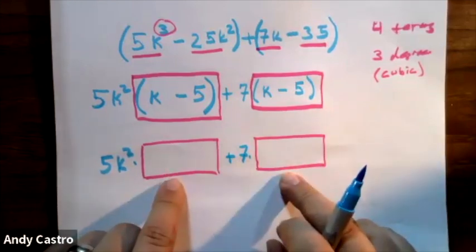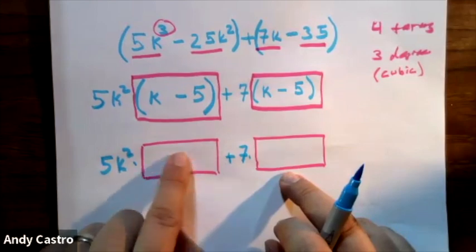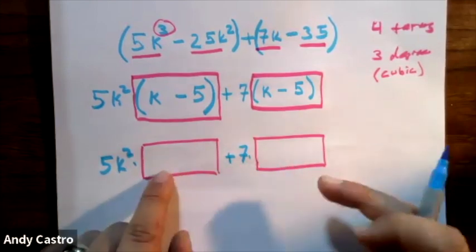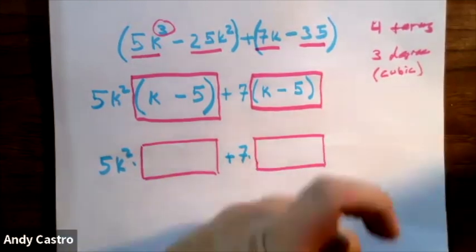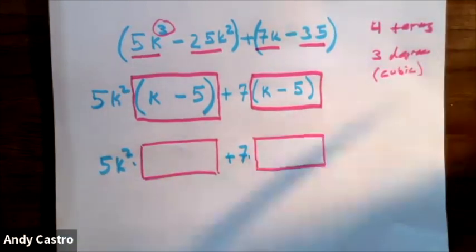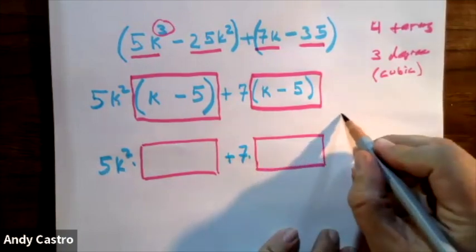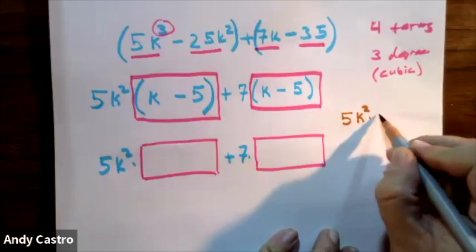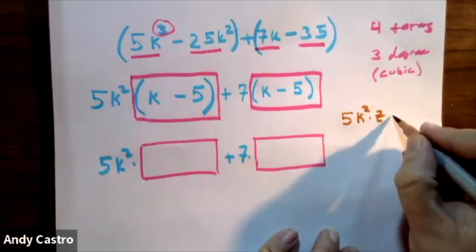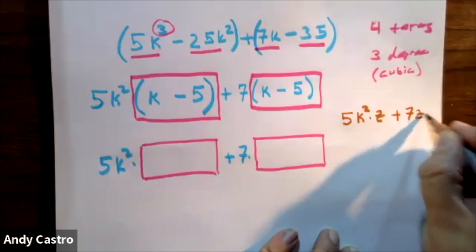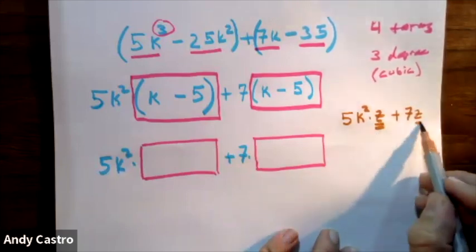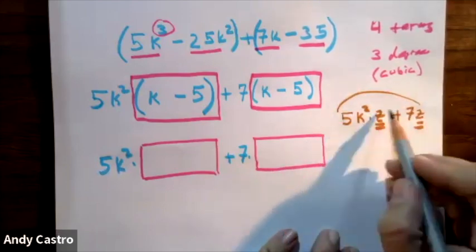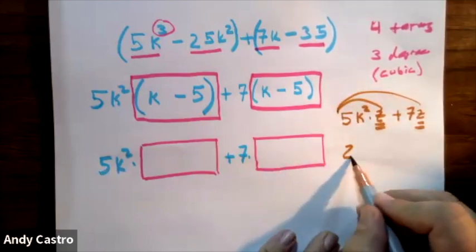What I wanted to do is kind of show it to you this way. So this is using shapes, obviously. But even if we used a variable, let's say that this was the variable z. If I had, and I'll do it off to the side here, 5k squared times z plus 7z, you could see that the z's are common factors to both terms, and I could pull the z's out.